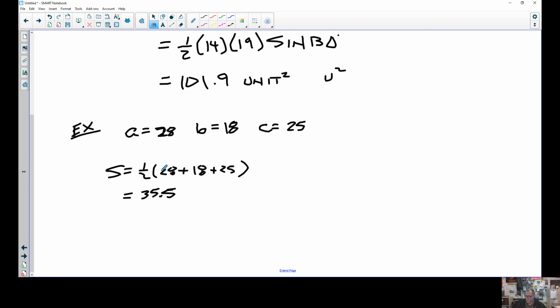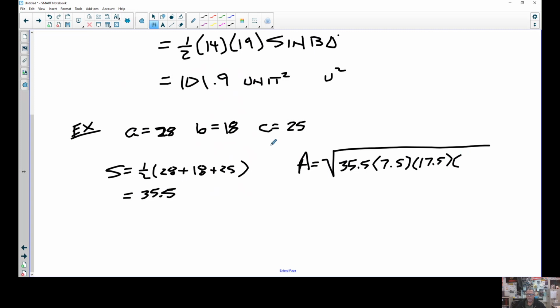So now what do we have to do? Well, we have to plug it into our area formula. Area is going to equal square root of, well, we start out with 35.5 times 35.5 minus 28, that's 7.5, times 35.5 minus 18, that is 17.5.